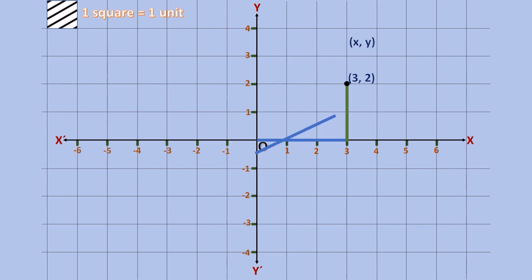Now, we will rotate these lengths one by one about the origin. Here, we rotate the x coordinate of 3 units with an angle of rotation of 90 degrees.